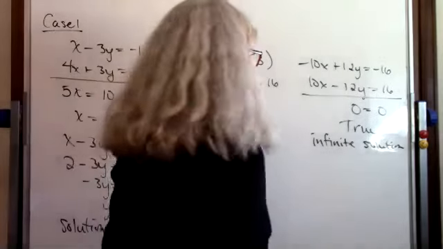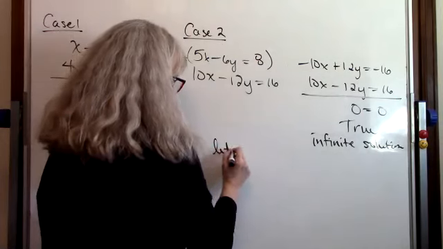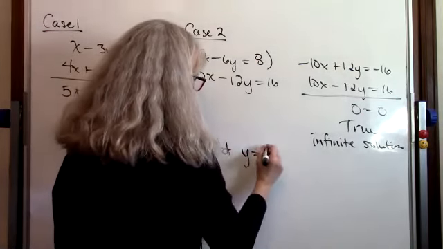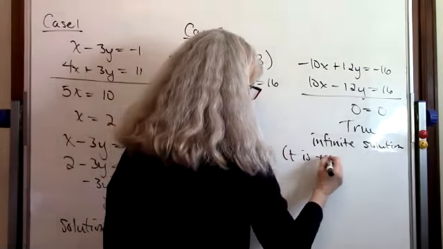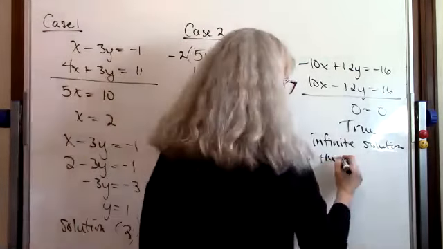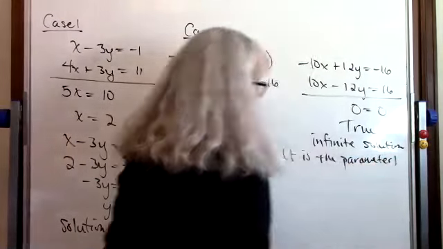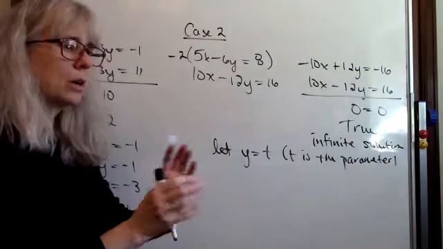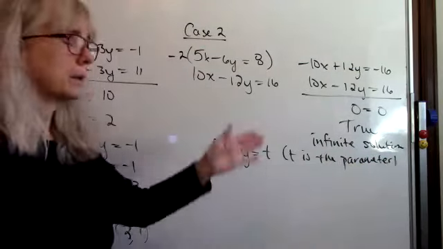So what our textbook does is it uses the idea of a parameter. You can let either variable, let's let y equal t. So t is the parameter, and it's the parameter we're going to write our solution in. It's just a way of writing the answer in a format where you can pick values for t and then find out where you're at on the line.